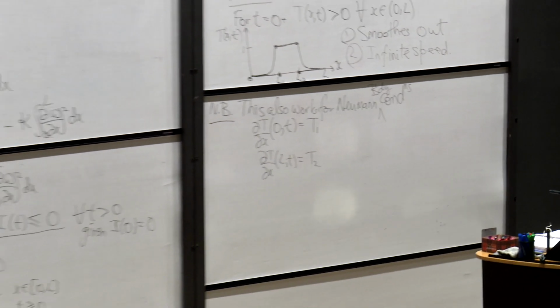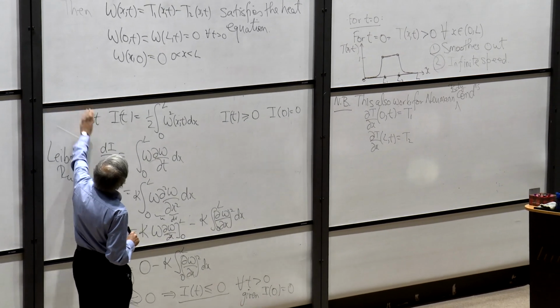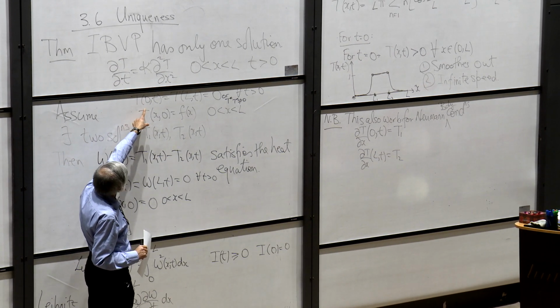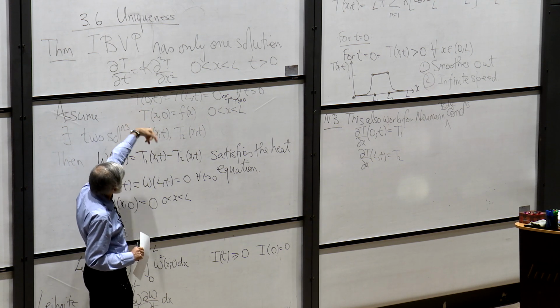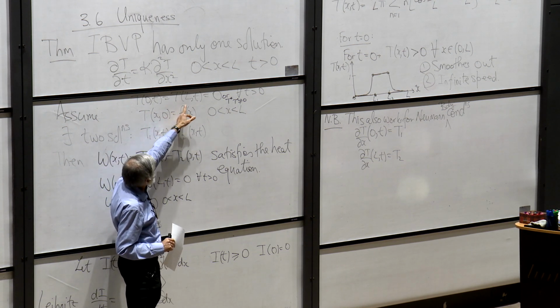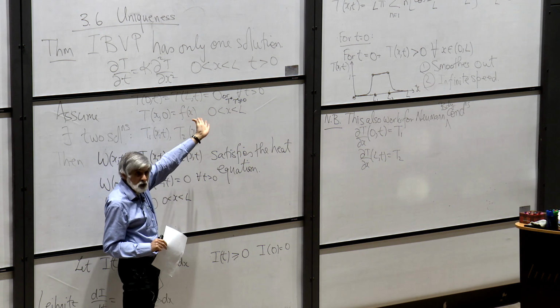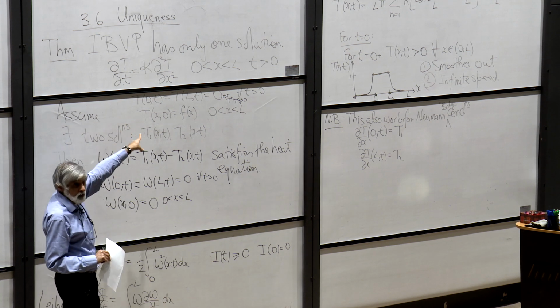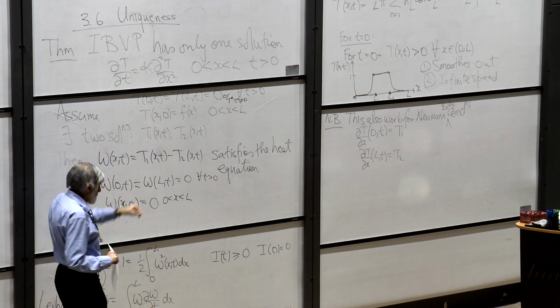Okay? Likewise, just to be clear, if we had up here T of 0, t was equal to T1, T of L, t was equal to T2, then once again, w would be 0 on the boundaries.